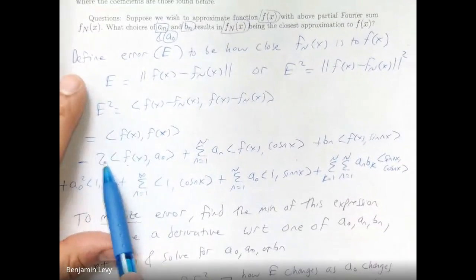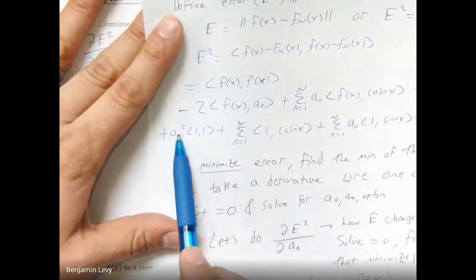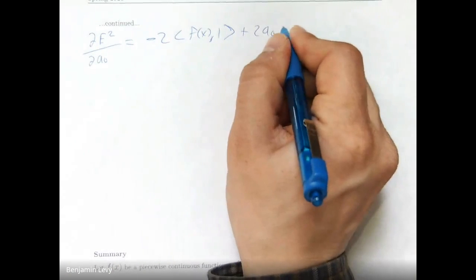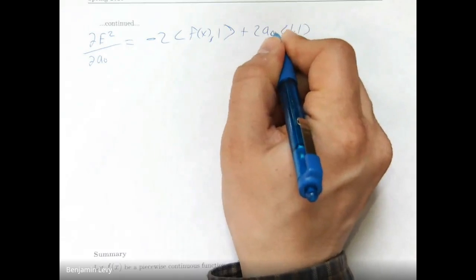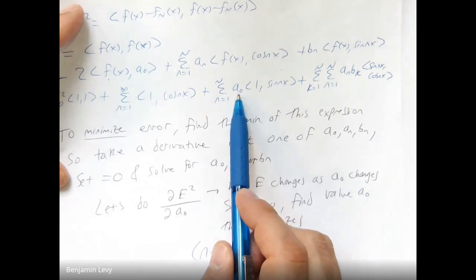The second place we'll get a term, so that first one was from this expression, right? This became a 1. The second place we'll get a 1 is right here. So A0 squared becomes 2A0. And so the next term we get is 2A0 inner product 1, 1. And then this A0 becomes a 1 right here.